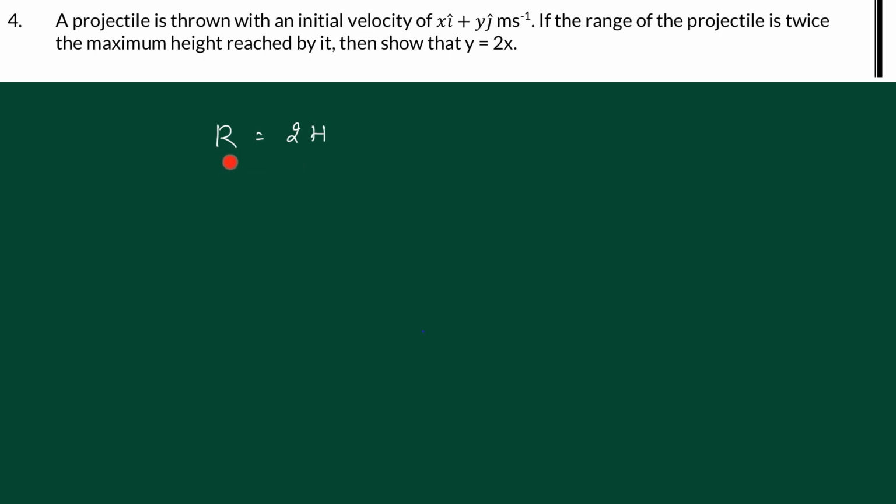How do you find range? 2 ux uy by g, and maximum height is uy square by 2g. Simplify this expression, g cancels out, one uy will cancel out. So what we get? 2 ux is equal to uy.